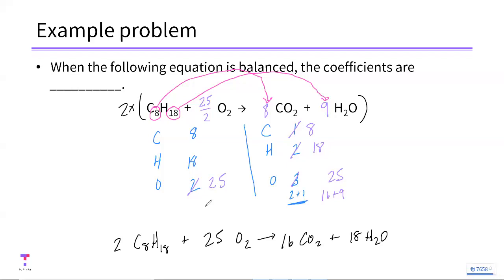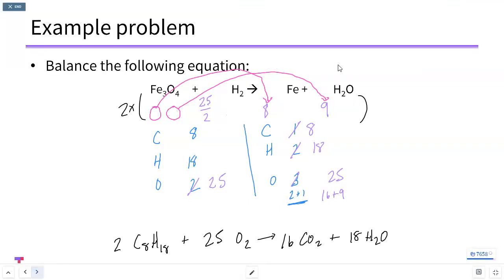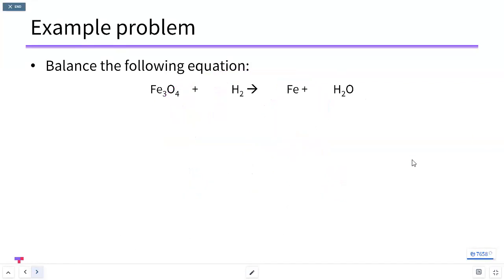All right. Questions with this example? Combustion reactions tend to be the biggest culprits for these kinds of fractions. But once you know what to do with them, it's actually not too bad to work with at all. All right, let's look at another example problem. We're going to balance this equation.